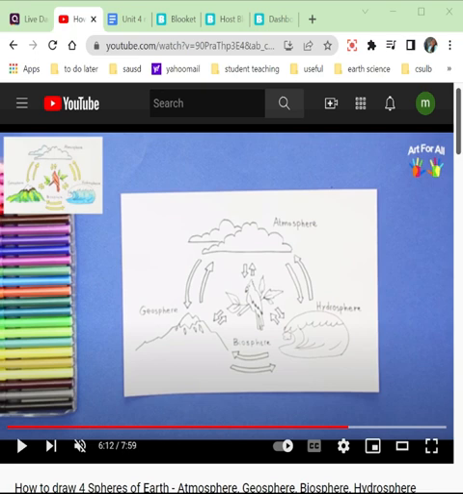Okay, so put your work up on the screen so that I can take a screenshot of it.